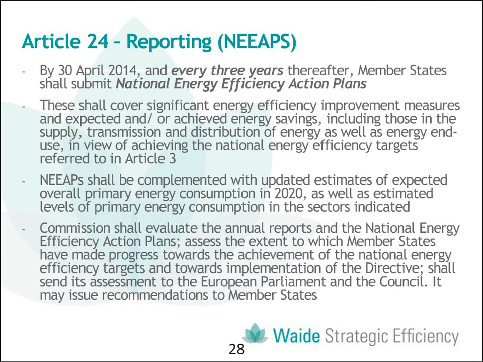And these ostensibly indicate all the ways that the member states are going to meet the provisions underneath this directive, but also what they're doing to implement the other energy efficiency directives as well.